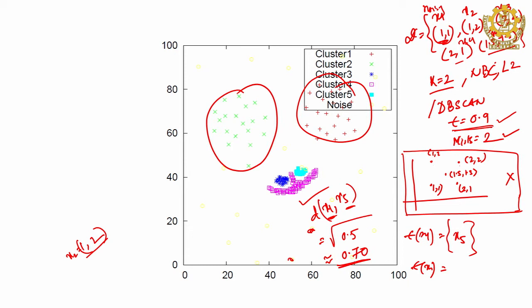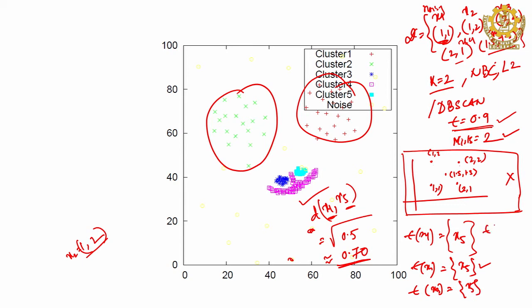That distance is also 0.7, which is lesser than 0.9. So x2 also includes the point x5, and this will also be a noisy point. Then you go to the point x3. It is the same, x5 will be the only point within the epsilon, so this will be a noisy point.